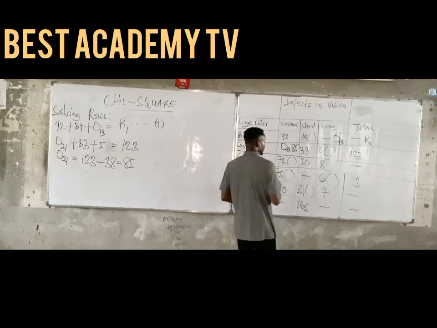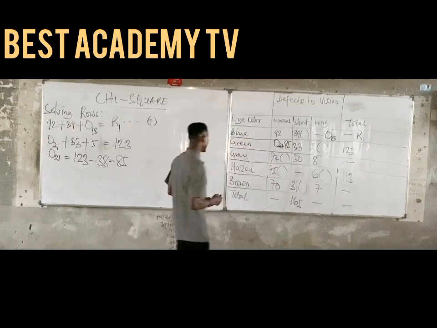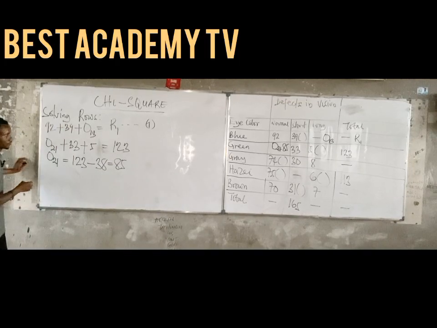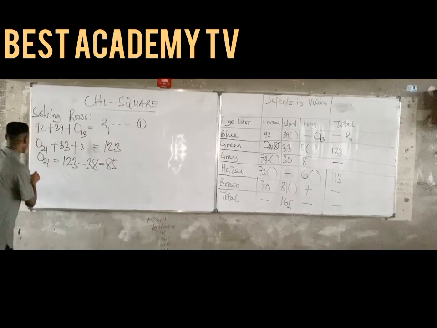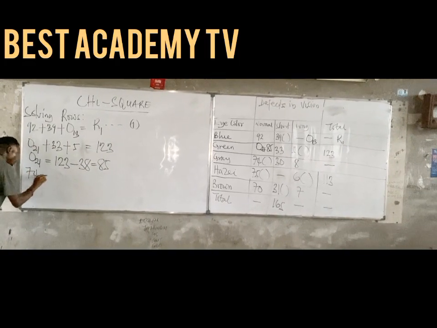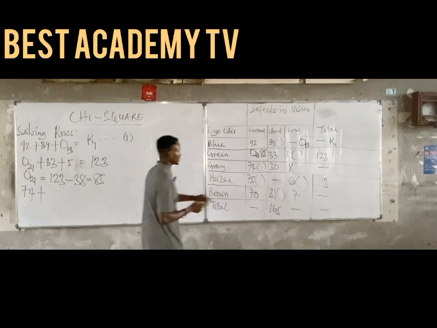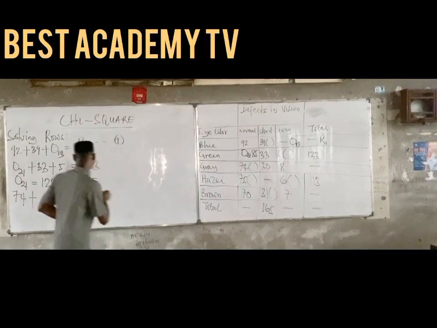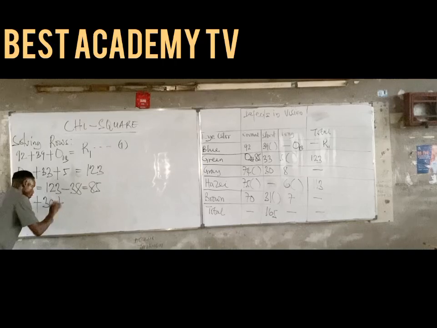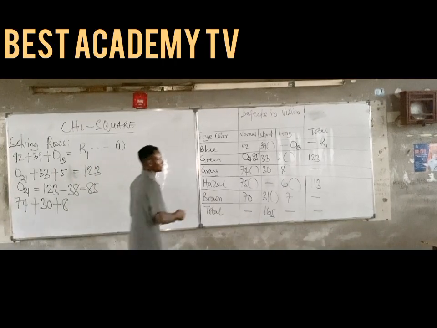Please take note. Now let's solve this next one here. This will be 75. The next one is 74. Please take note. Plus 30 plus 8. This is my 8 here.